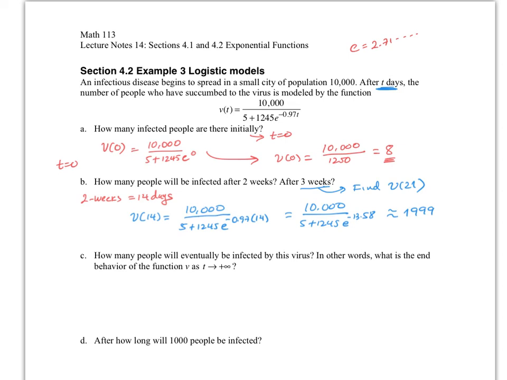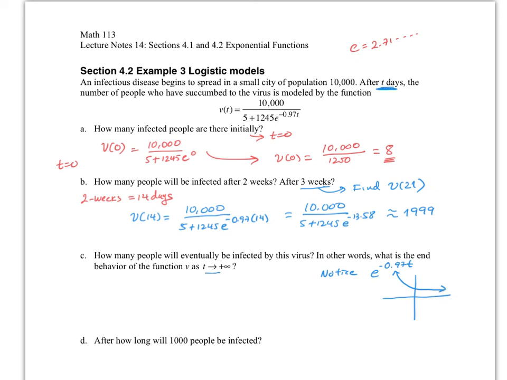Now, part C is asking for the end behavior. And the end behavior is what happens to this as t goes to infinity. Notice that we have e to the minus 0.97t. So the 0.97 is not important. What is important is that it's negative. So if the exponent is negative, remember the graph looks like this, by reflecting on the y-axis. So as t goes to infinity, this goes to 0.